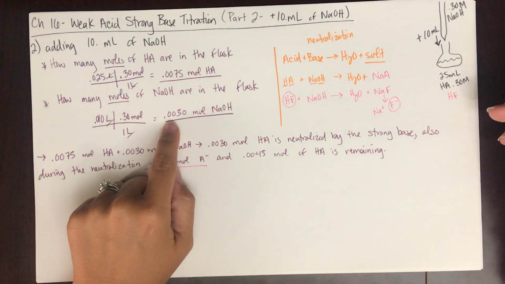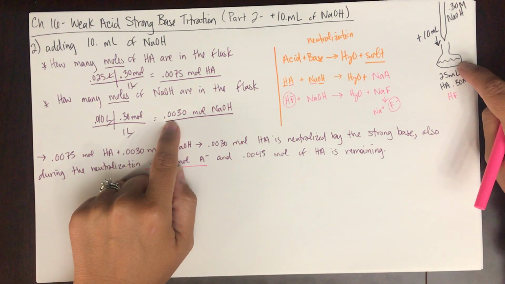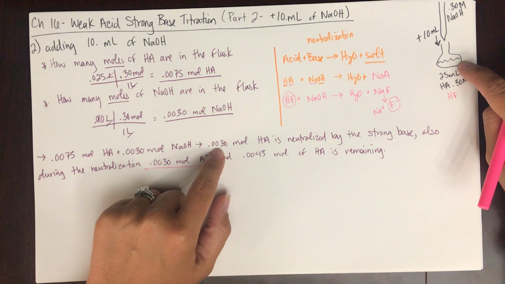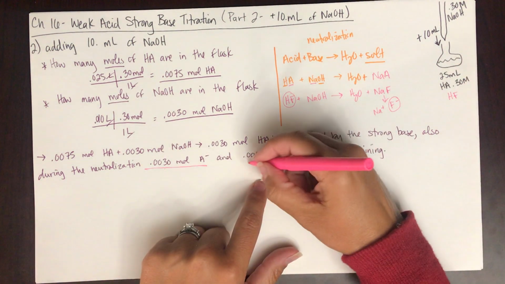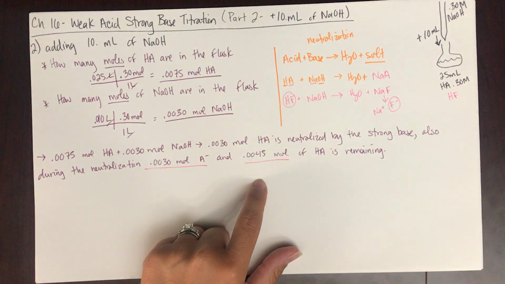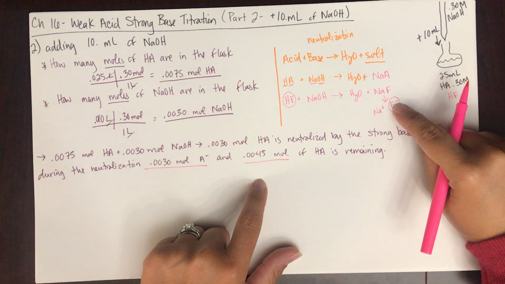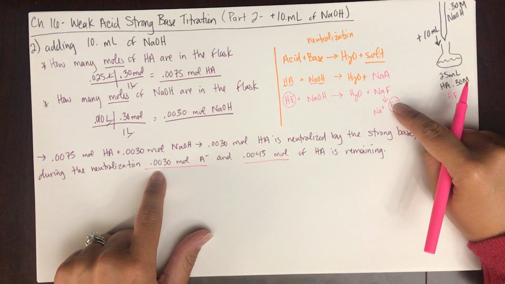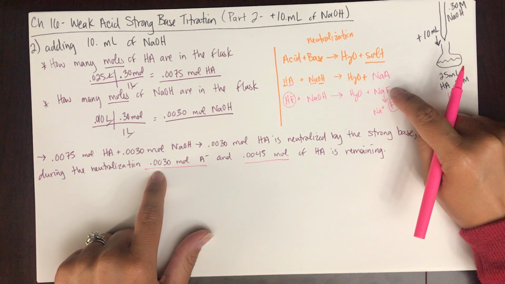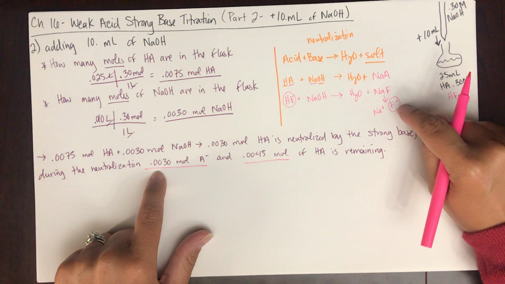The sodium hydroxide that is being added to this flask is neutralizing 0.0030 moles of the HA, meaning you only have 0.0045 moles of the HA remaining. But in the neutralization, it also produced 0.0030 moles of its conjugate base, F minus.